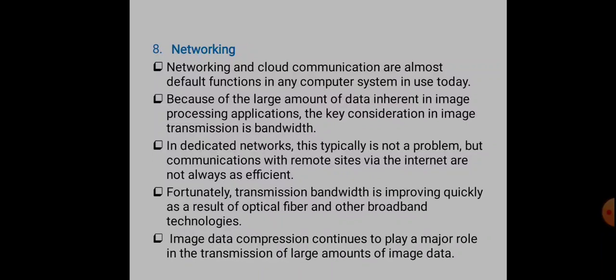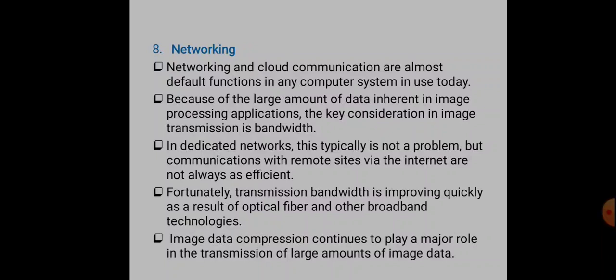Because of the large amount of data inherent in image processing applications, the key consideration in image transmission is bandwidth. As I already said in the storage discussion, storing a 1024 by 1024 pixel image requires 1 megabyte of storage, which is a large amount of data.